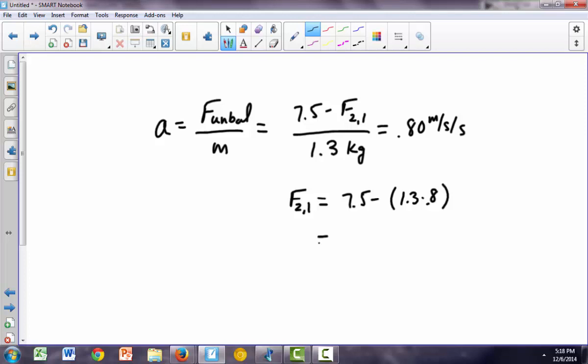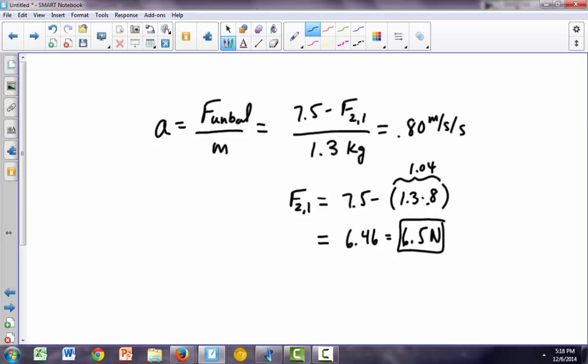And so this is going to tell me the contact force between box 2 and 1. This is 1.04, by the way. So this comes out to be 6.46 or 6.5 newtons. I'm sure they wanted 2 sig figs.